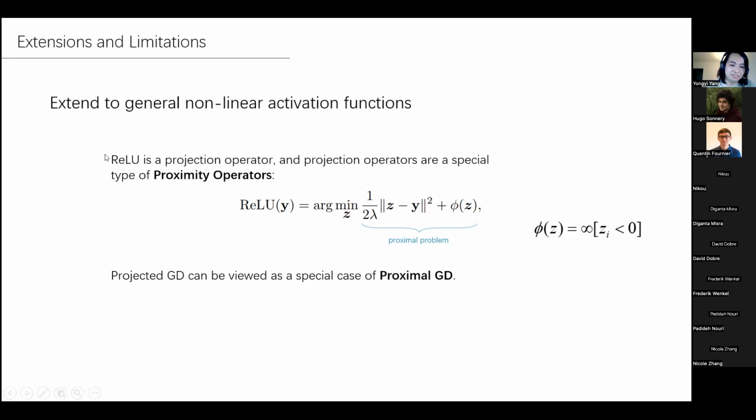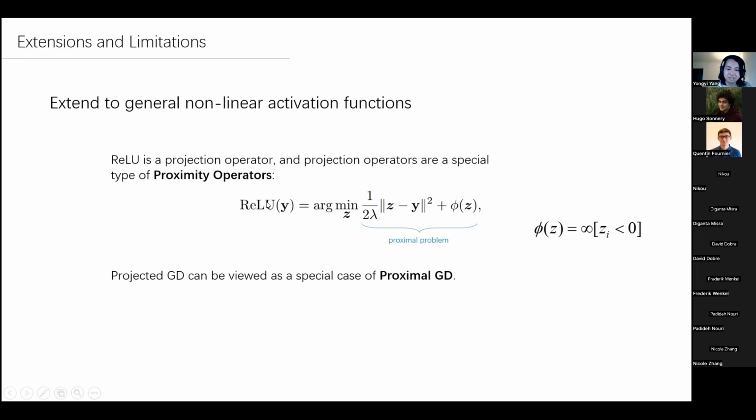The projection operator can be viewed as a special case of so-called proximity operators. If you have taken some optimization courses or convex analysis courses, you might be familiar with this proximity operator.